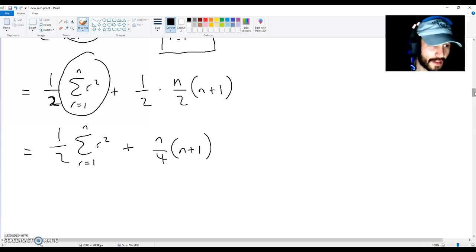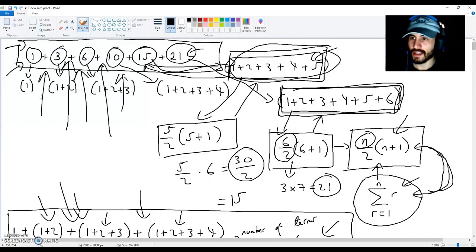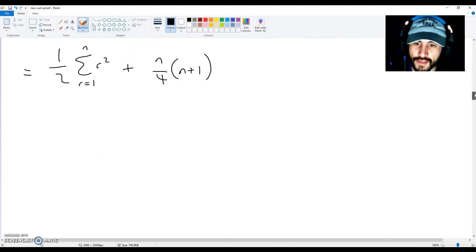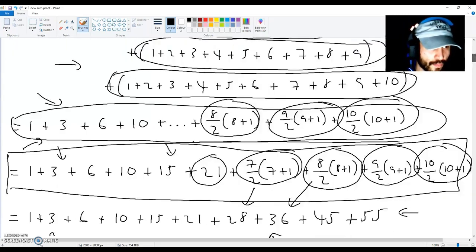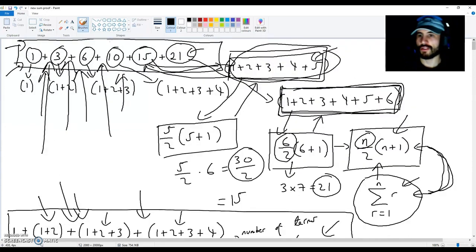So if you have a sum that looks like this up here, what we started with in the beginning of this video, we are going to end up with this. Now this formula over here can be used to find the sum of any sum that looks like this that I put down at the start of this video.